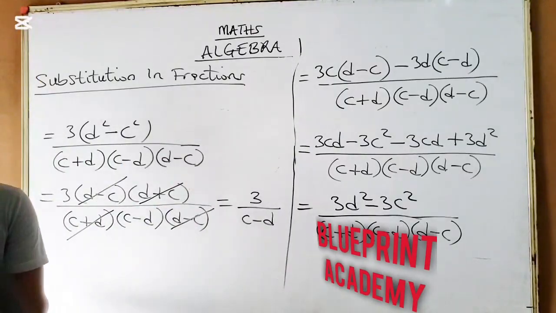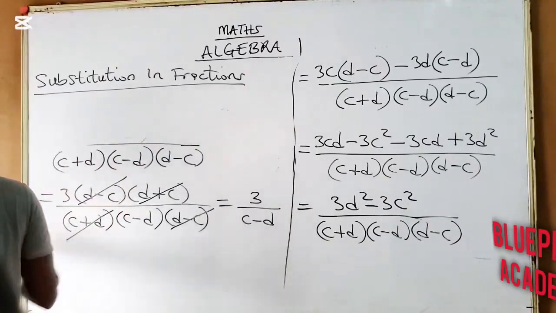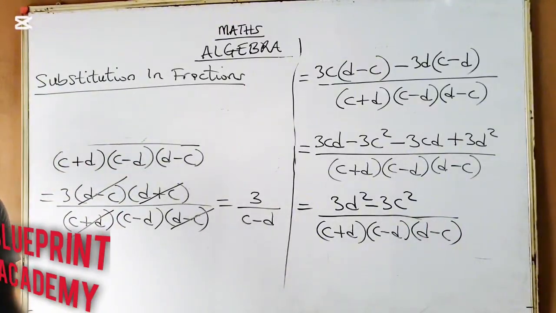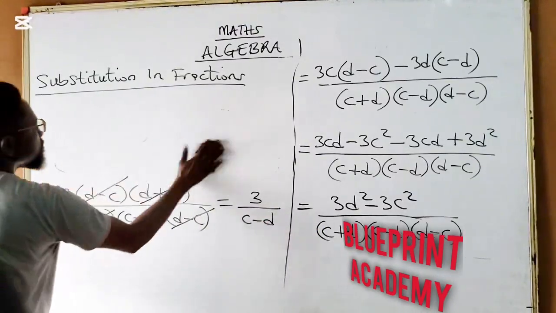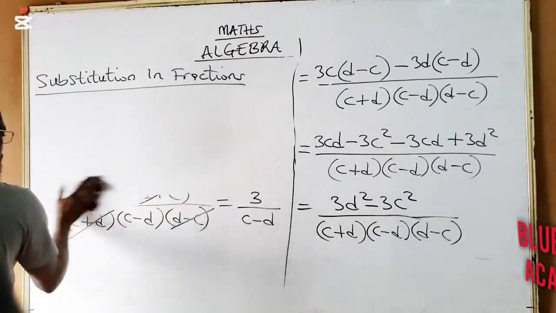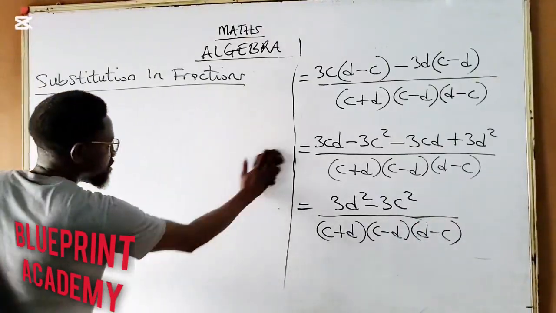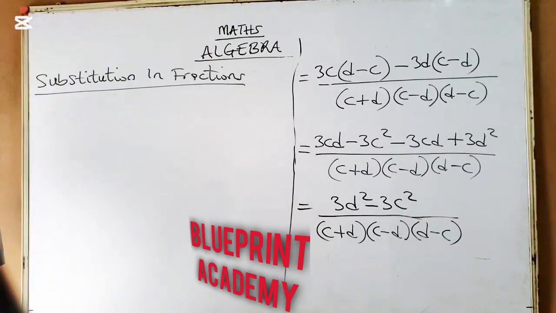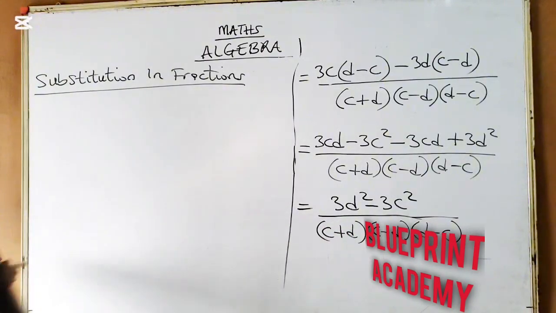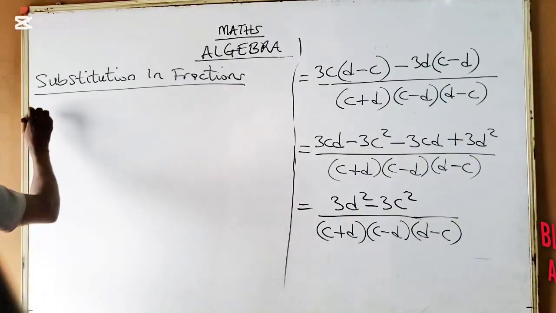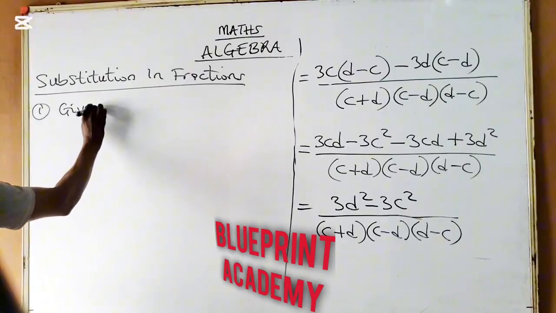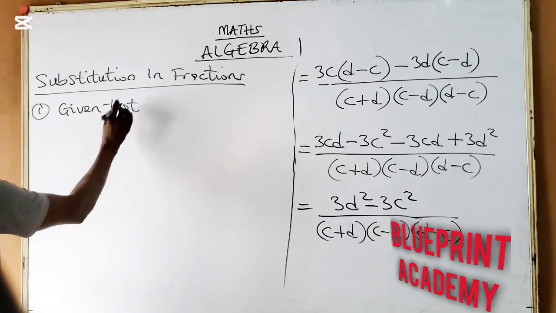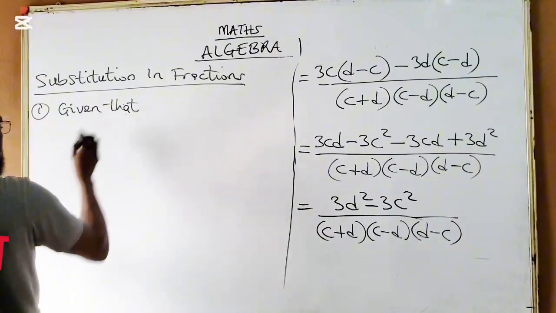Fractions in algebra. Let's see how we do substitution in fractions. And after that, we look at some things under undefined fraction. Let's look at example 1. Given that this part of algebra is simple, just follow me closely.